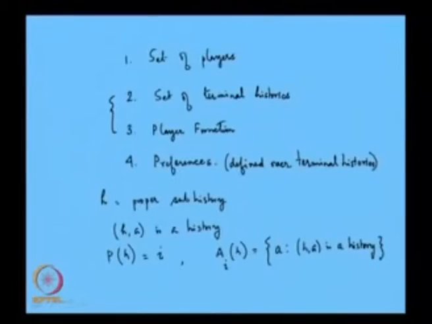So, these are the four important components of any extensive form game. They define an extensive form game. The important thing to note is that the terminal history is a sequence of actions.